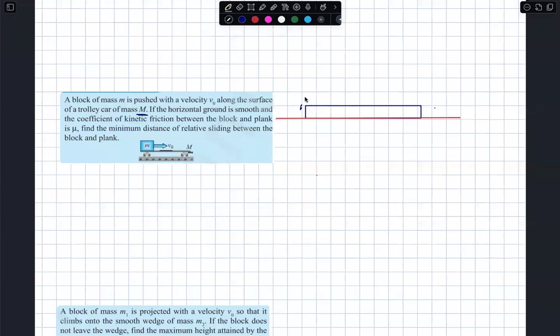And I have projected a block onto this with a velocity v0.